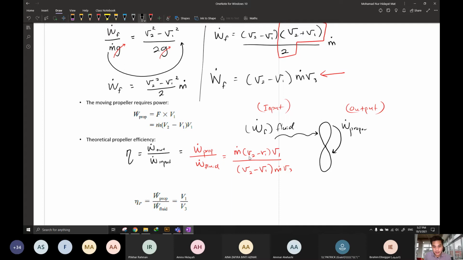Now we can cancel out the same terms. This cancels, this cancels, this cancels. And finally, the theoretical propeller efficiency is actually V1 divided by V3.